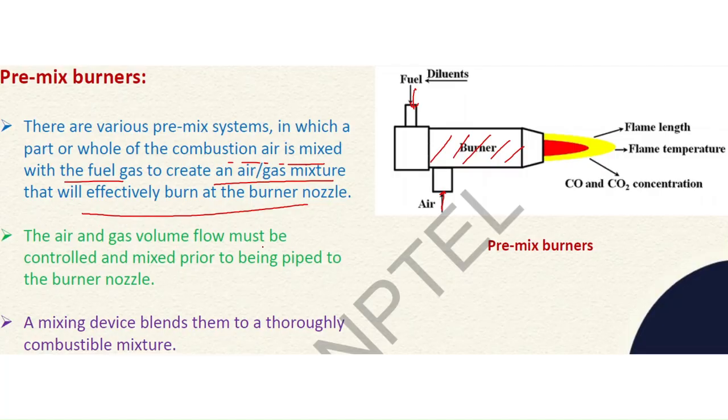The air and gas volume flow must be controlled and mixed prior to the burning of the air-gas mixture. So it is injected and mixed here, and then it is burned. Sometimes a mixing device is also used for blending them into a thoroughly combustible mixture.